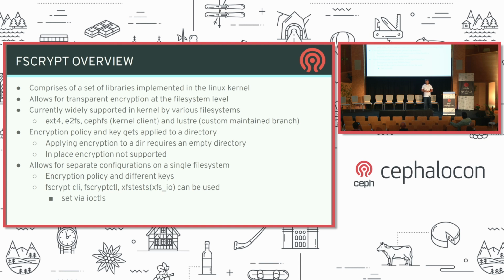With encryption enabled, there are various ways to actually interact with and enable fscrypt, with various CLI tools supported: the fscrypt CLI, a lower-level fscrypt CLI command, and xfstests, which supplies xfs_io. And these interact with ioctls. They are a way to interact with a file system, for folks that are unfamiliar, that aren't the typical reads and writes.